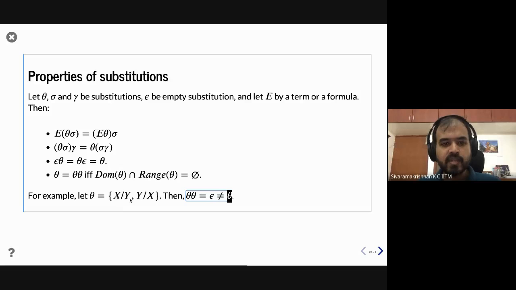The issue here is the domain and the range intersect. But if the domain and the range do not intersect, if it's an empty set, then it will be the case that theta theta will be equal to theta. You can work it out. So here is an example, but this holds in general. So these are some nice properties that we have for substitutions.